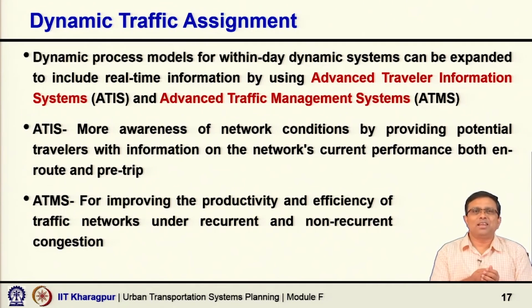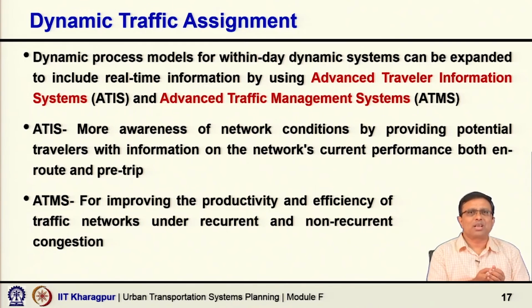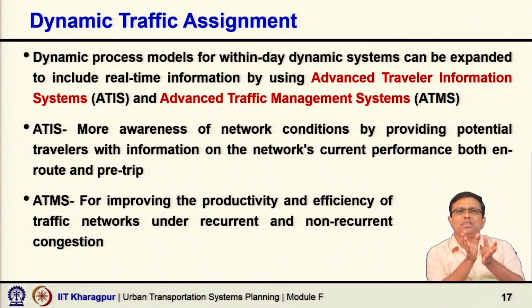ATIS creates more awareness of the network conditions by providing potential travelers with information on the network's current performance, both en route and pre-route. Similarly, ATMS is for improving the productivity and efficiency of the traffic network under both recurrent and non-recurrent congestion. What is recurrent congestion? Every day the traffic volume is high, so congestion occurs every day.